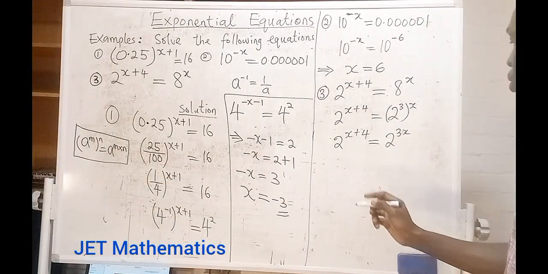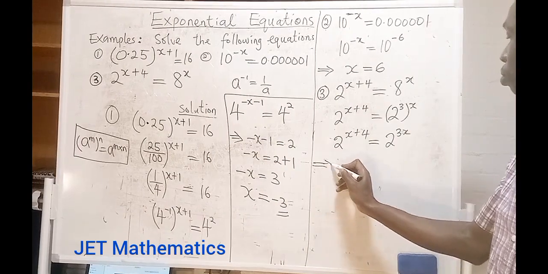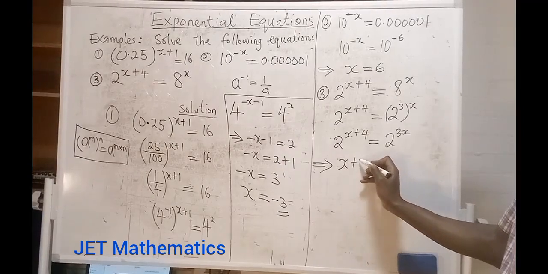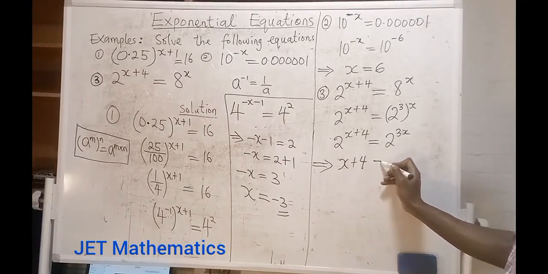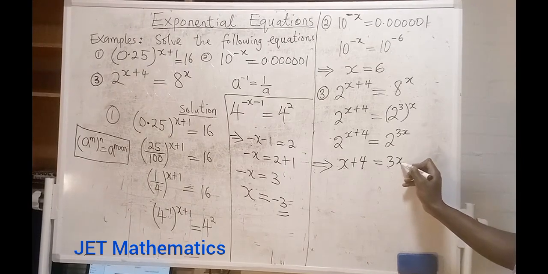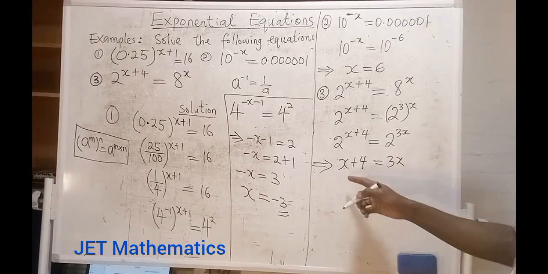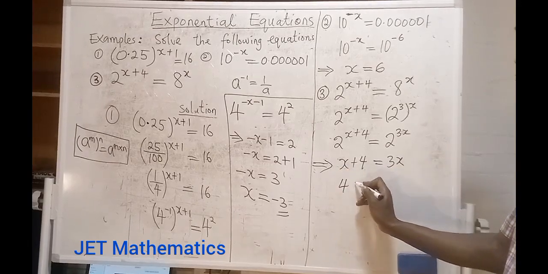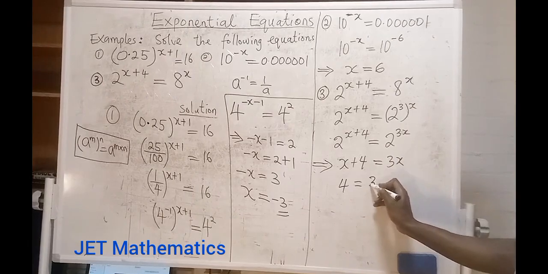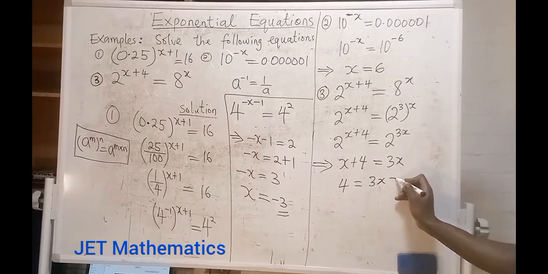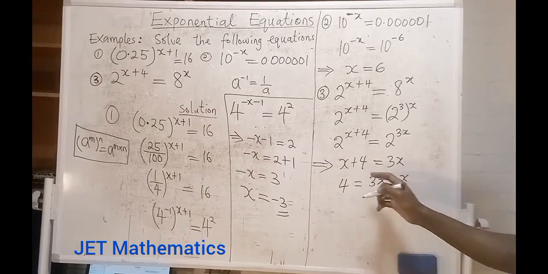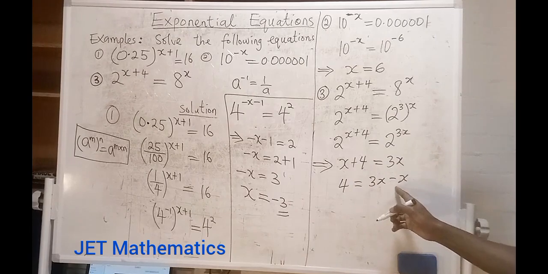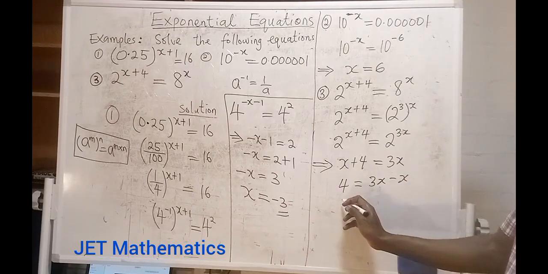Then we can say by implication that x plus 4 is equal to 3x. Okay, so taking x here, we have 4 is equal to 3x minus x. When positive x crosses to this other side, it becomes minus x.